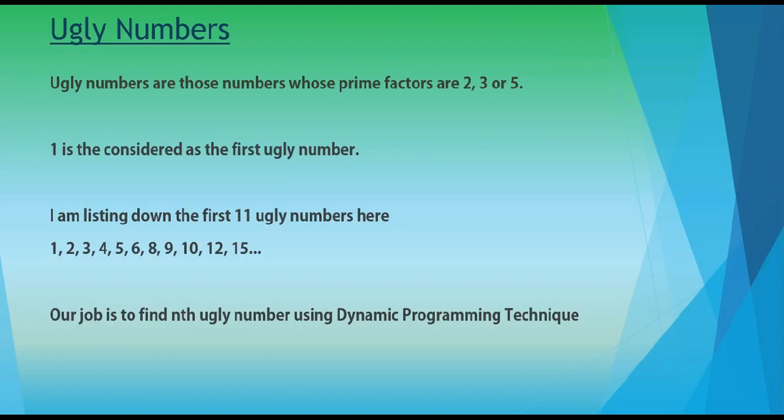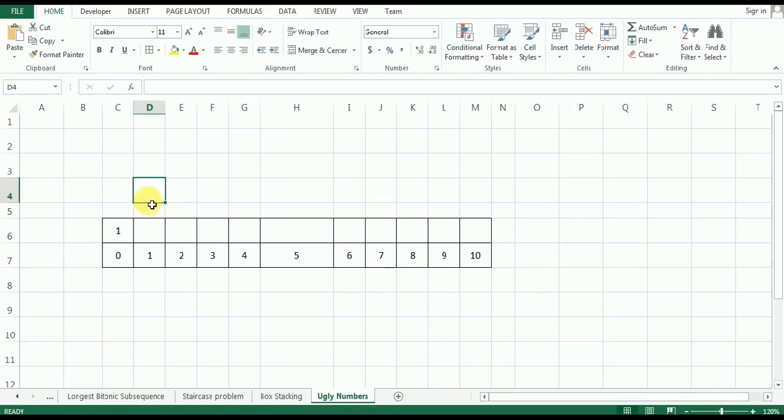So now let's move to the framework where we are going to solve our problem of ugly numbers. So here we are at our framework where we will solve the ugly numbers problem using dynamic programming. Before we proceed to solving the problem, like I told you, I'll tell you how to approach the solution of this problem.